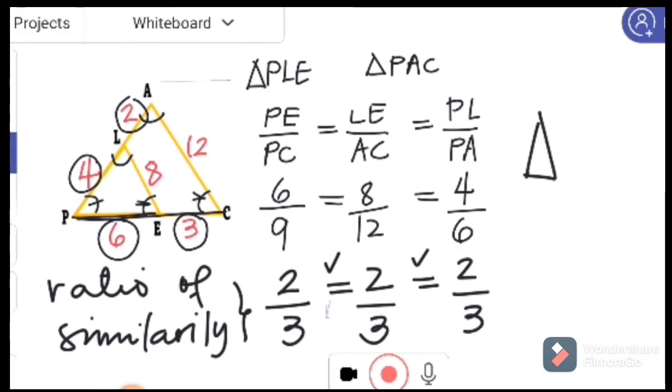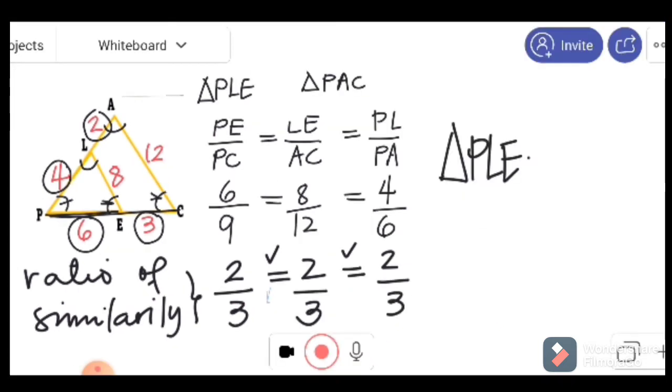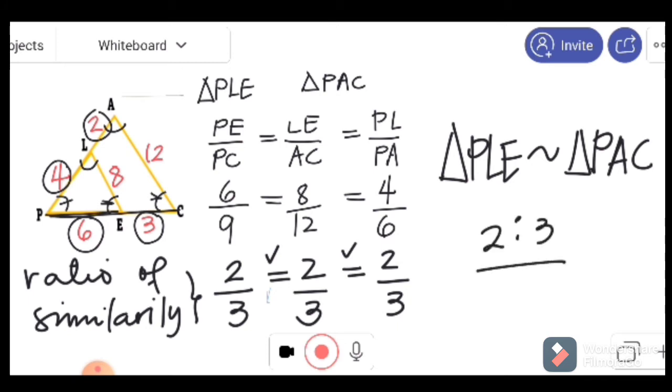We can say that triangle PLE is similar to triangle PAC with the ratio 2:3. It can be in fraction form or in colon form.